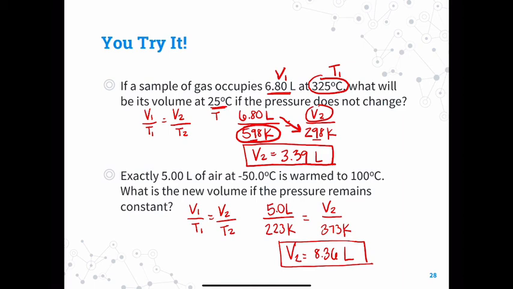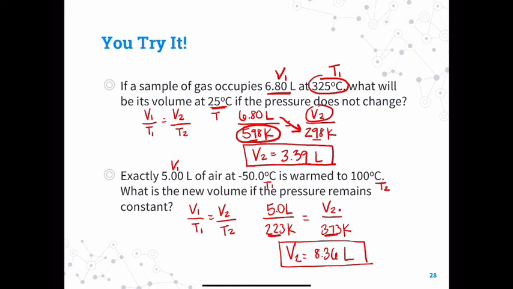Okay? The second one was very similar. Our volume 1 was 5. Our temperature 1 was negative 50 degrees Celsius. Don't drop that negative. So that made that 223 K. Our temperature 2 was 100 degrees Celsius, which was 373 K. And then volume 2 here is what we were solving for.